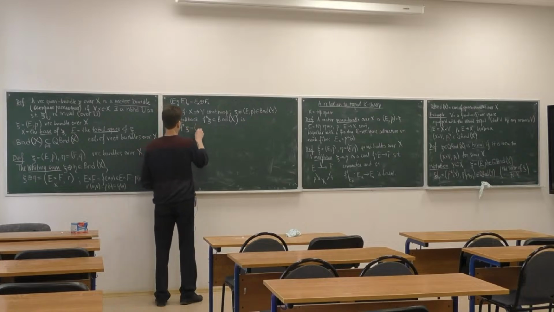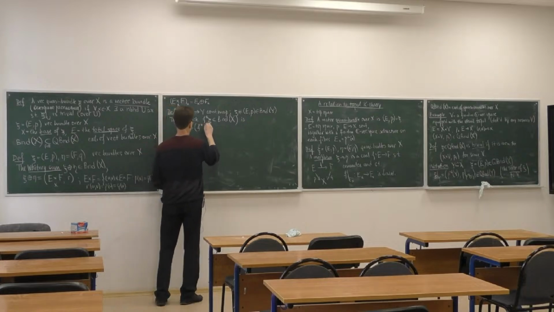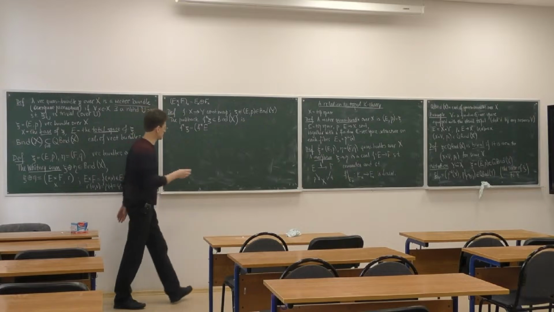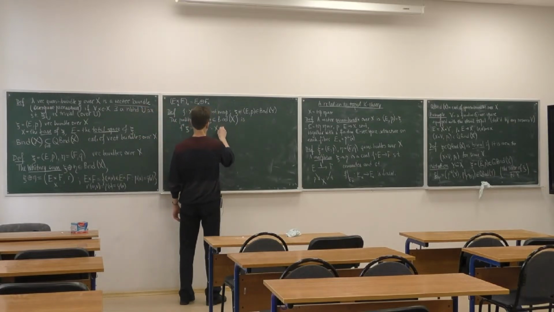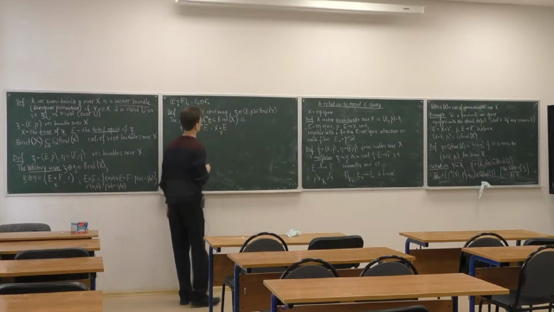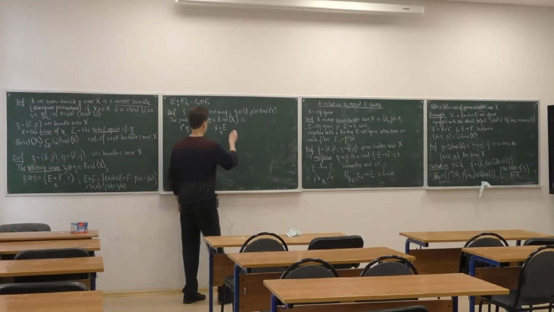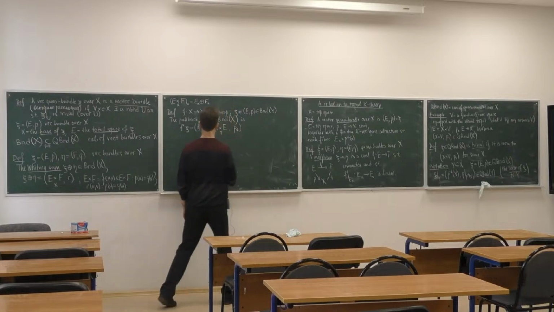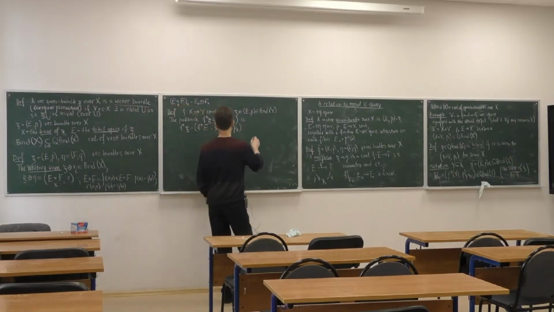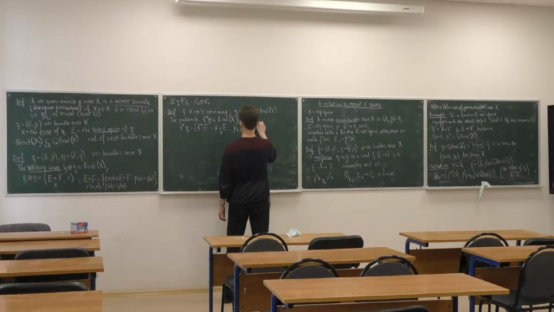Its total space is often denoted by f*E, and as a topological space, this is again the fibered product of X and E over Y, together with the projection onto X. So P1 takes every pair (x, v) to x.